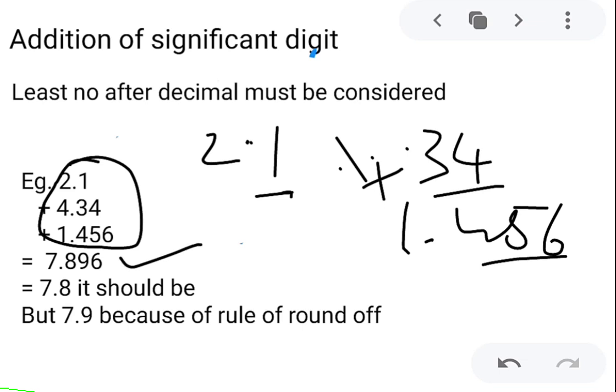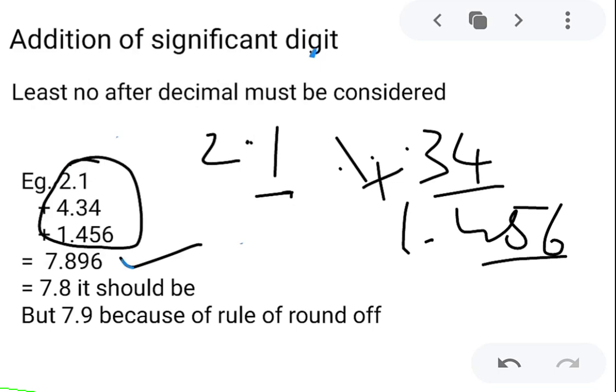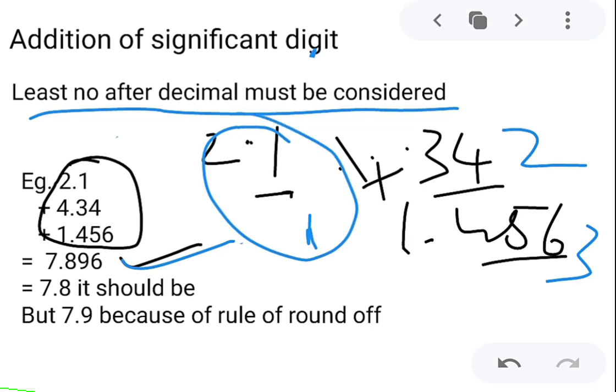My simple addition answer is 7.896. Now, in addition, what is the rule? The least number of digits after the decimal must be considered. Here it is 1, 2 and over here 3. We have to consider the least number only. So I have to remove the last two digits.